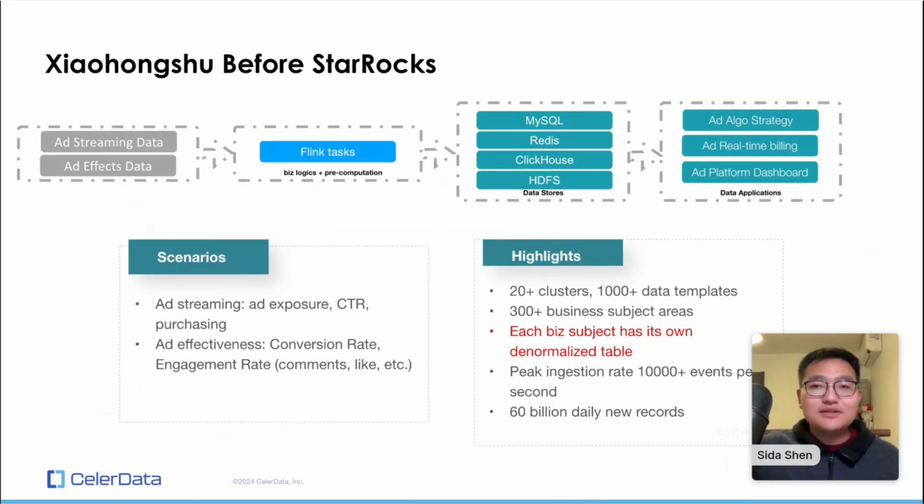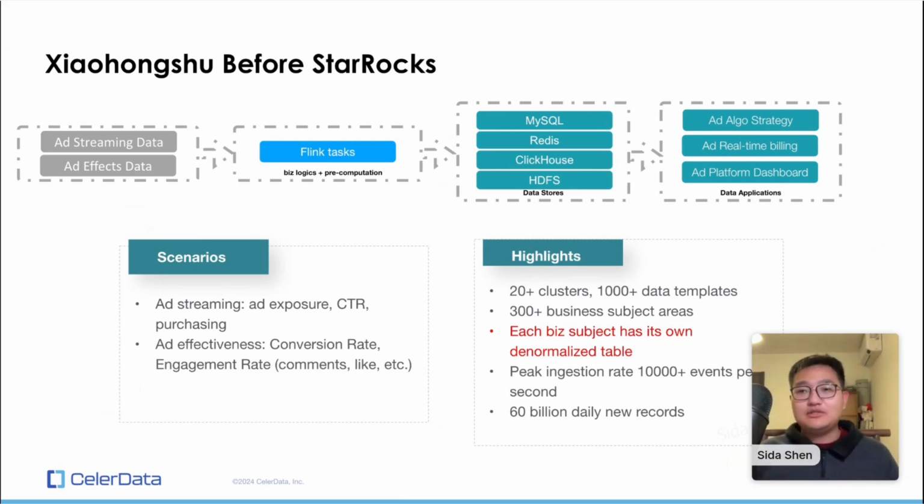Okay, so next slide. Before they were on StarRocks, they were on ClickHouse, right? The reason why they used ClickHouse is because of real time, right? And they also added Flink to their technology stack, right? So they have data streams and Flink tasks that do the business logic, data cleaning, pre-computation, pre-aggregation, denormalization, right?